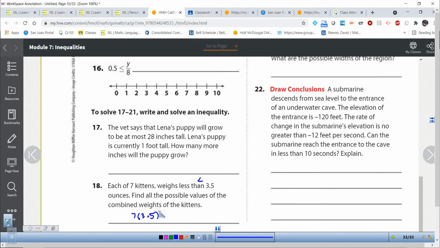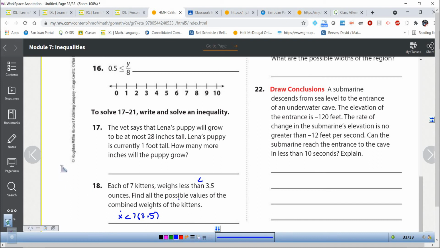Well, they weigh less than that, right? So the combined weight is going to be less than, actually, let me write this instead. X is less than 7 times 3.5.